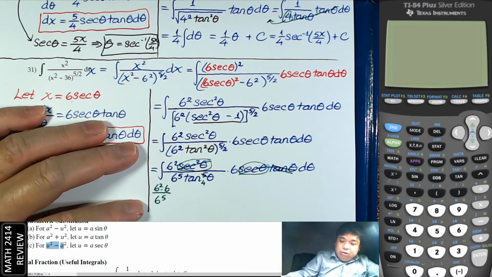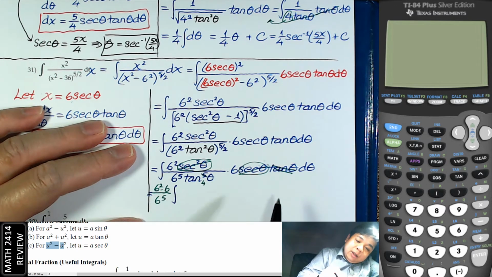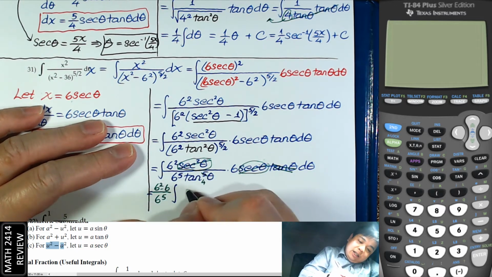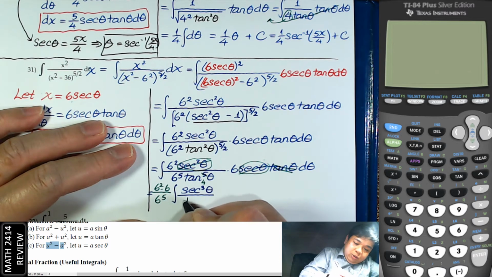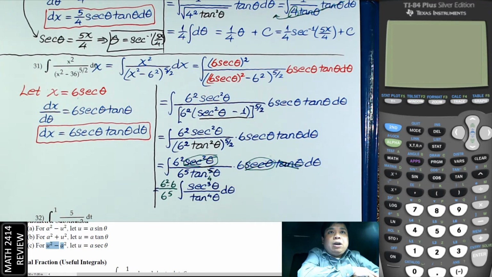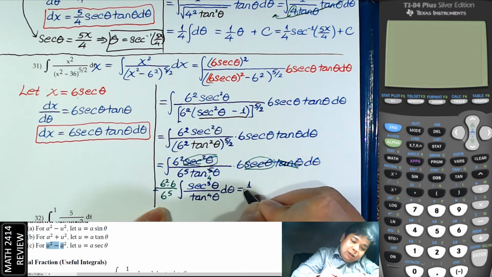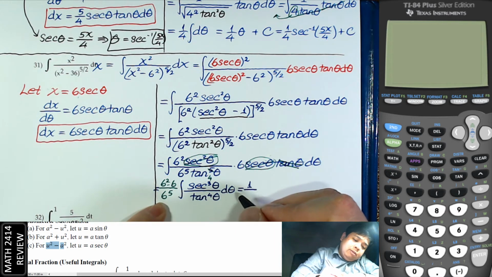So that's 1 over 36. Secant and secant, that's secant cubed, over tangent to the 4th. So that is 1 over 36.